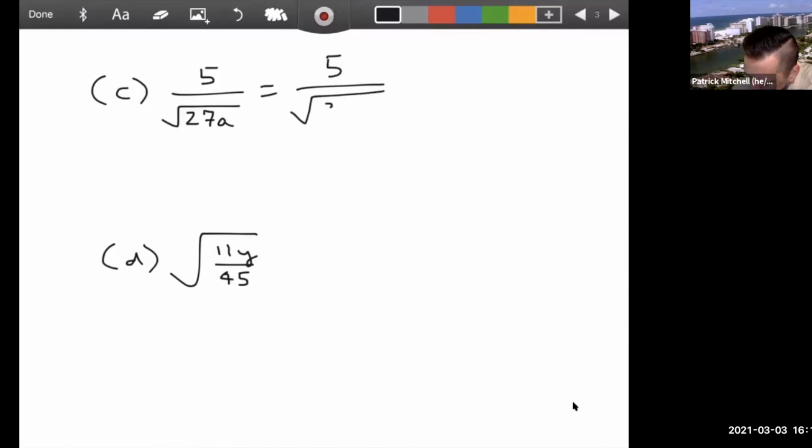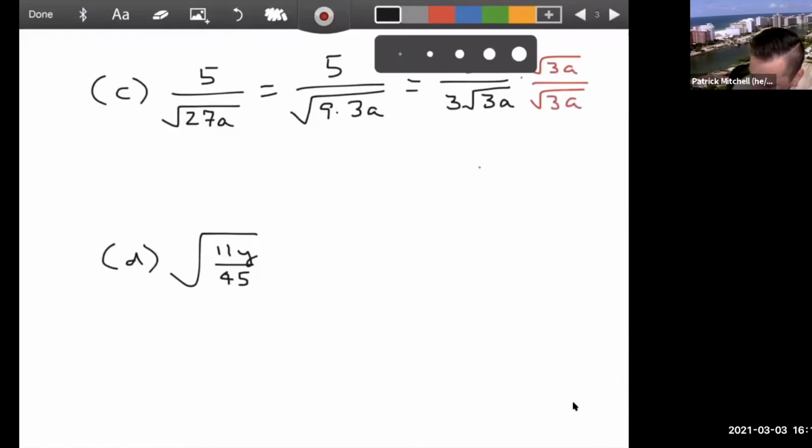So if we write this as 9 times 3a, break that 9 out of the radical, it becomes a 3. So that would be 5 over 3 square root of 3a. And now to get rid of the square root of 3a, I will multiply the top and the bottom by square root of 3a.